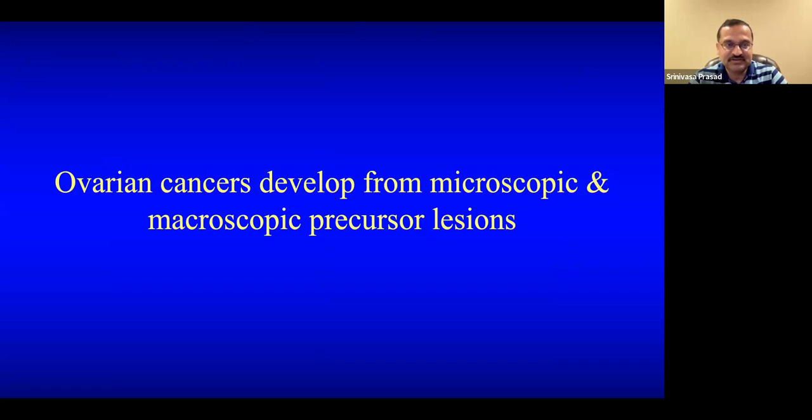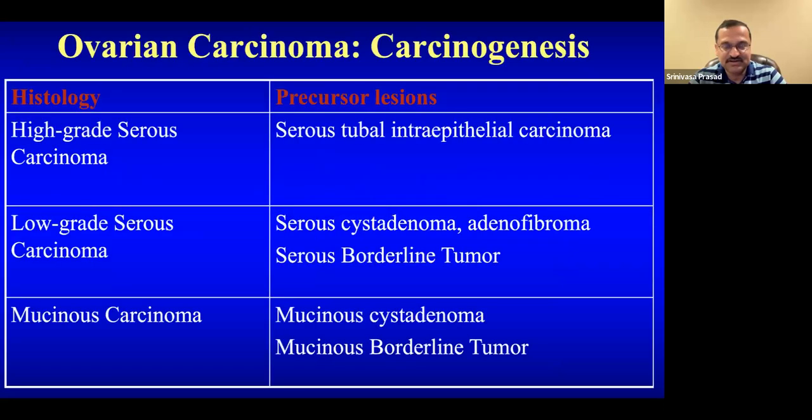If the subset of ovarian cancers develop from macroscopic precursor lesions, that's where imaging screening may help in identification of the tumors. In general, as already alluded to, high-grade serous cancers arise from microscopic precursors within the tube, as opposed to the low-grade serous cancers that arise from cystadenoma or adenofibroma or serous borderline tumor.